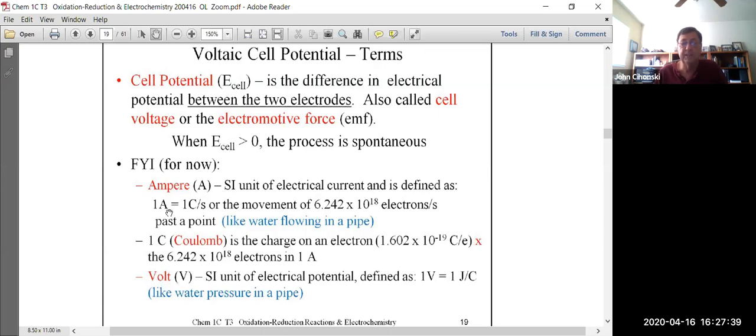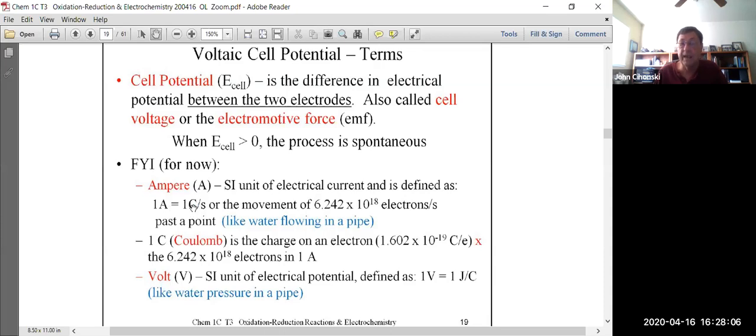So if we say 1 ampere is 1 coulomb per second, that is the same thing as saying we have about 6 times 10 to the 18th electrons passing a point per second, okay? So whenever they found the coulomb, later whenever they said, oh, holy mackerel, we have electrons, then they figured out this is the charge on the electron.